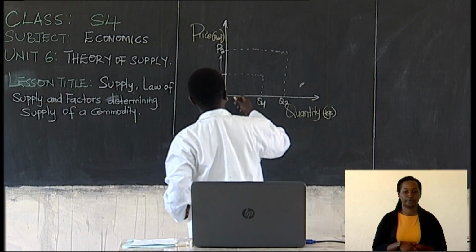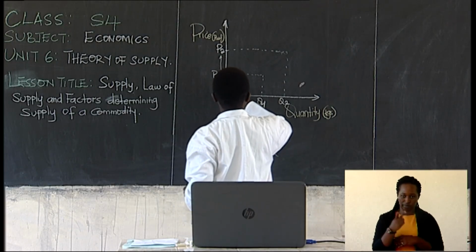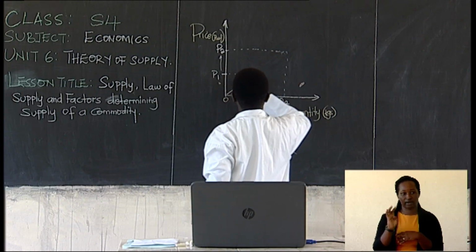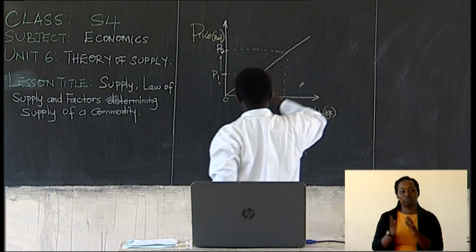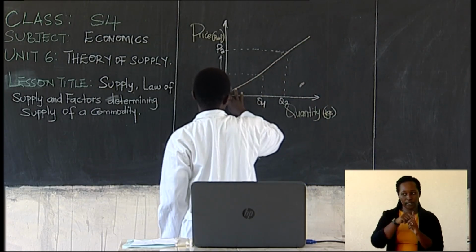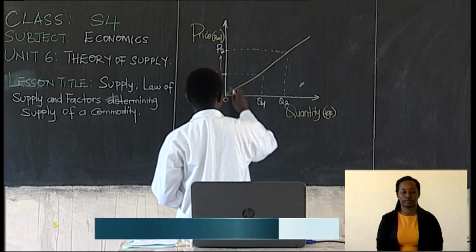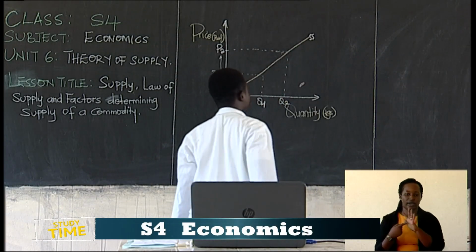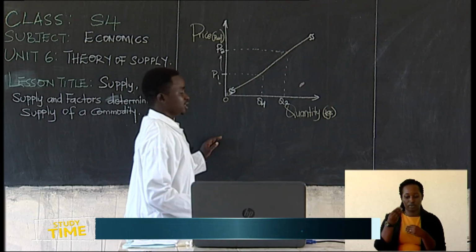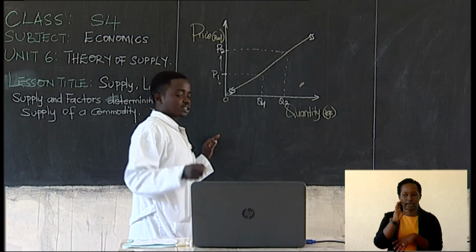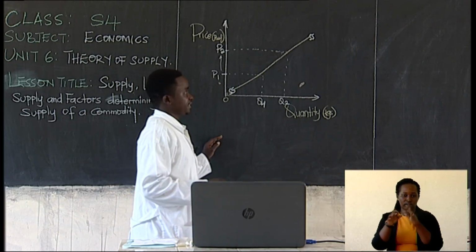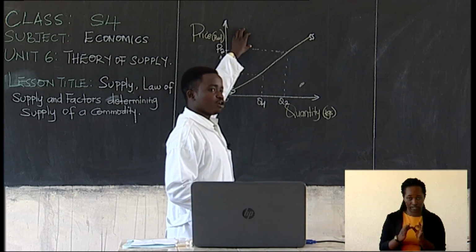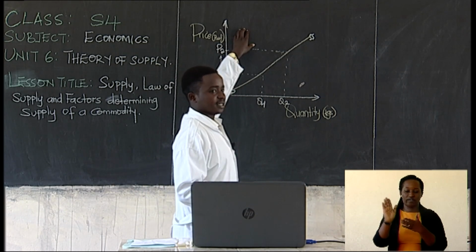So in this case, we find that our supply curve has what we call a positive slope. This is a simple illustration of the supply curve, which explains the law of supply. As the price of the commodity increases, more of it is taken to the market.